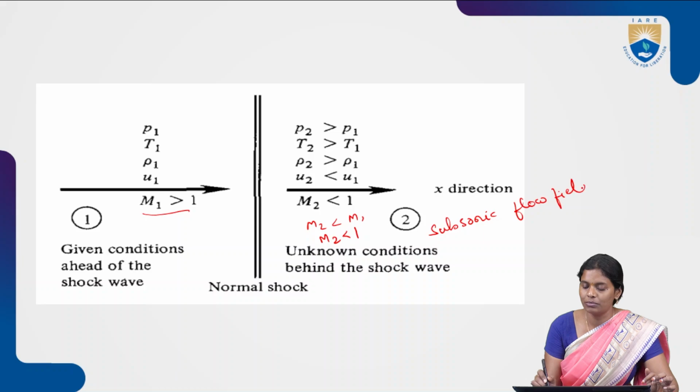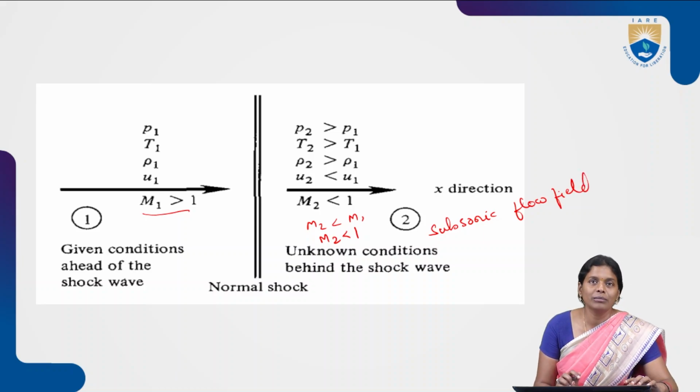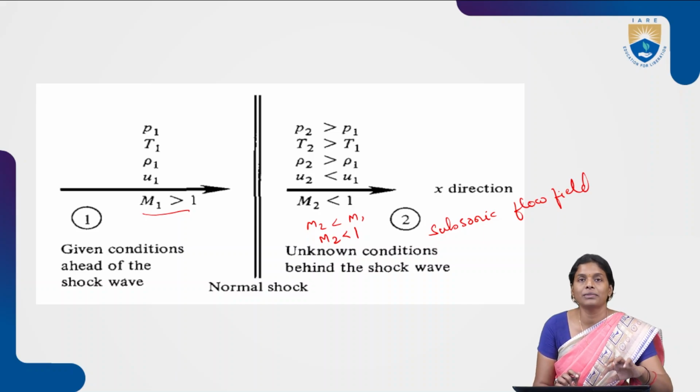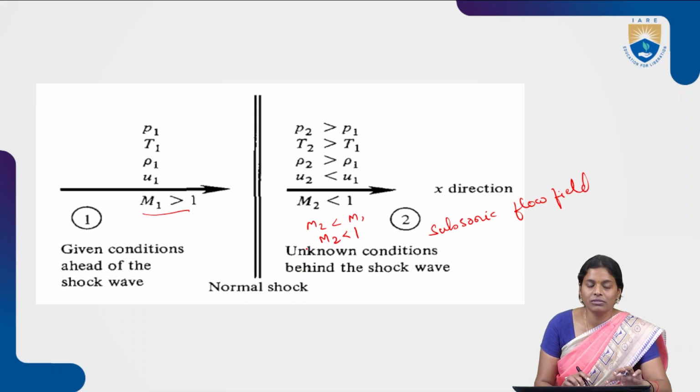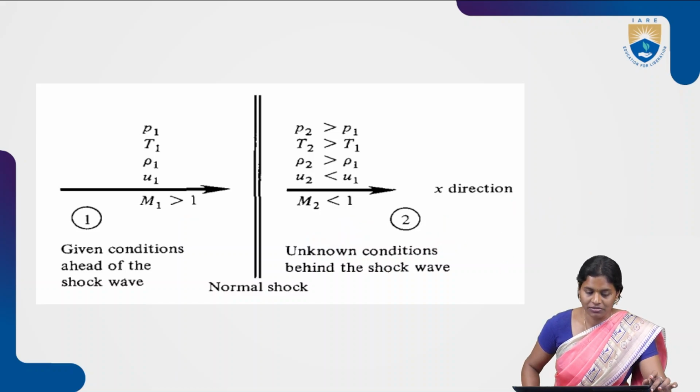Ahead of the shock wave the Mach number is higher, which means the velocity of the object is more than the speed of sound. Because of that, the compression waves form the normal shock wave. Behind the shock wave the Mach number is reduced, such that it falls under the subsonic flow condition.